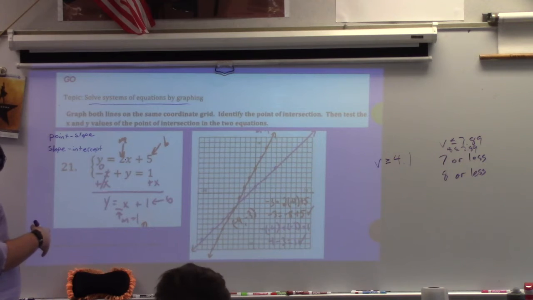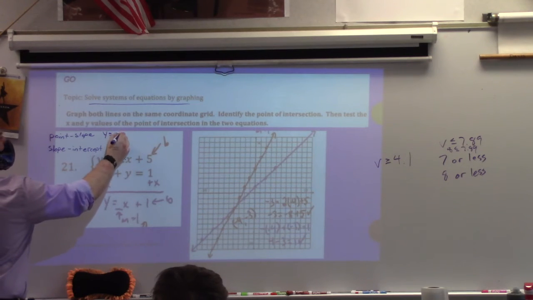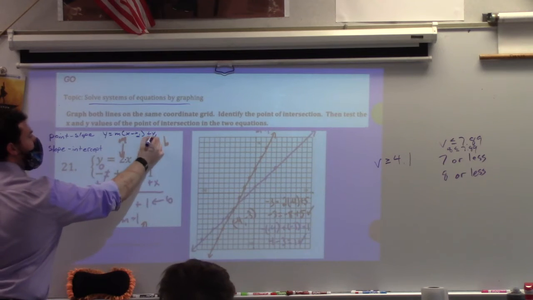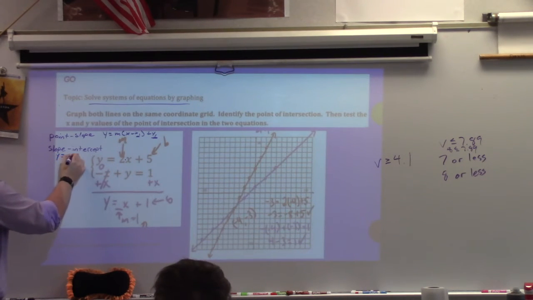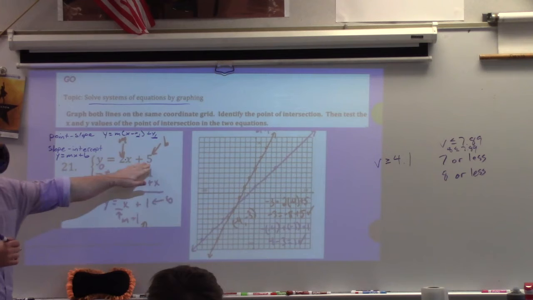It'll be y. That's a variable. Point slope was y equals, remember there's an x and a y value. Slope intercept is y equals mx plus b.